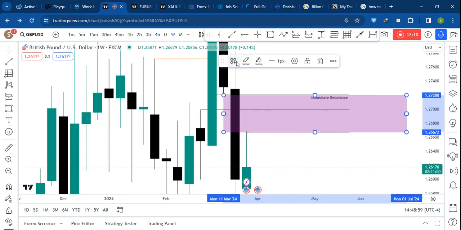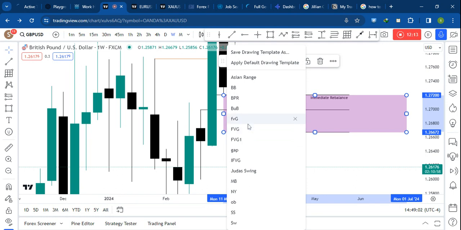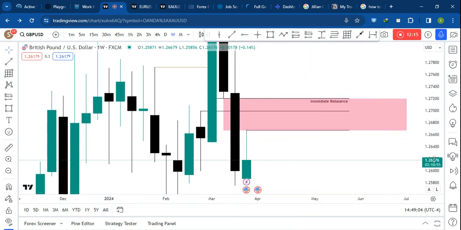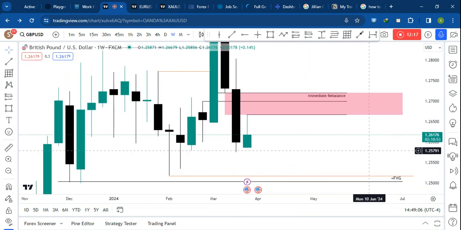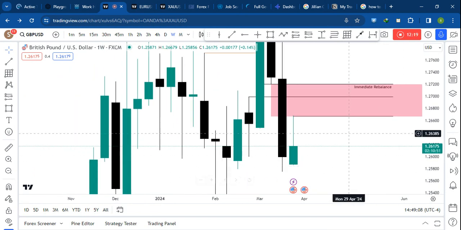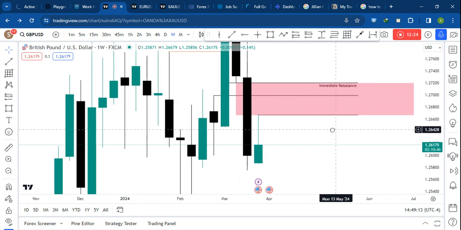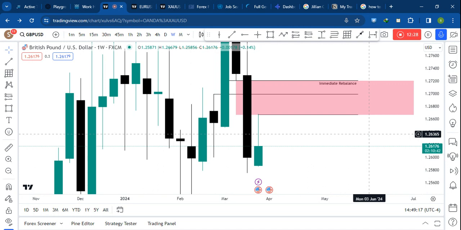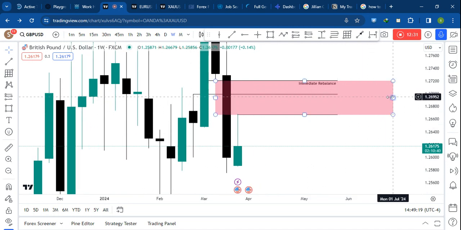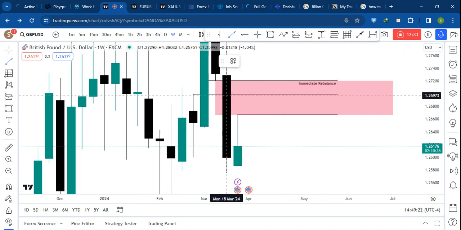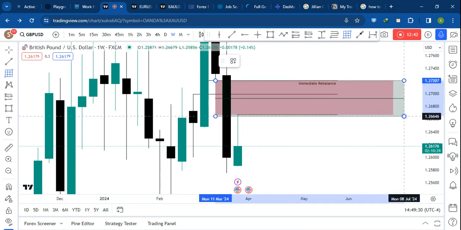So these are fair value gaps. According to this fair value gap, this is the area for taking potential sells towards downwards. So tukiangalia on this market kitu iko, tutaangalia the potential close of that weekly candle ambayo itakuwa ni, tutaangalia the 50% of this area.